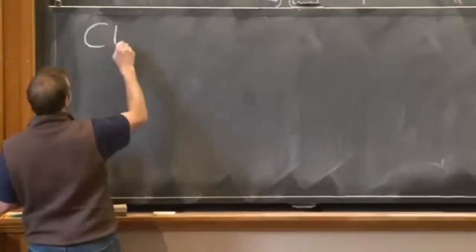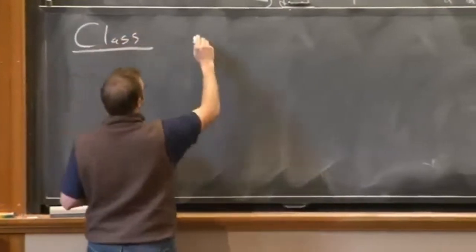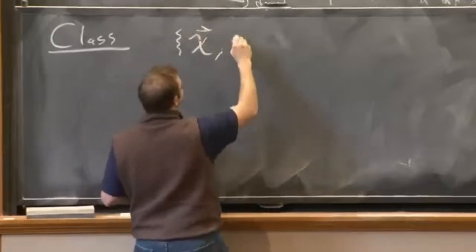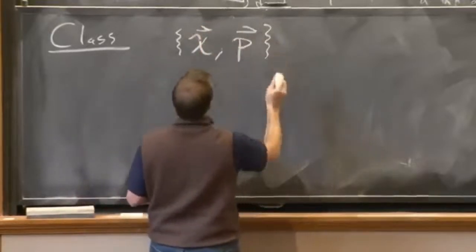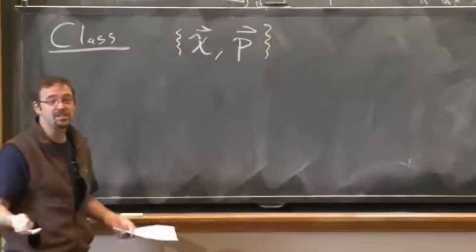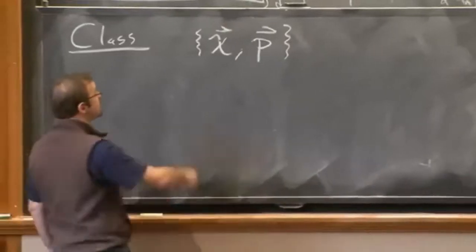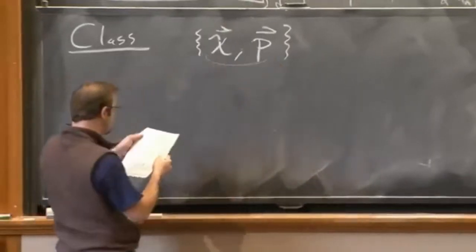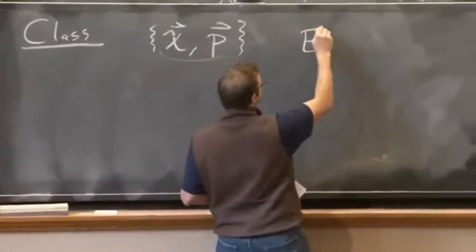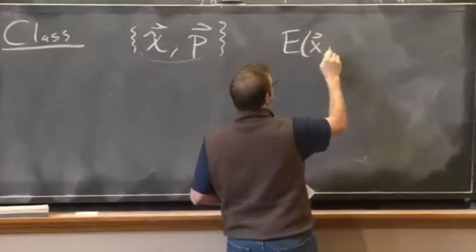So in classical mechanics, if you want to completely specify the configuration of the system, all you have to do is give me x and p for my particle. If you know these numbers, you know everything. In particular, if there's anything else you want to measure, the energy, for example, is just some function of the position and the momentum.